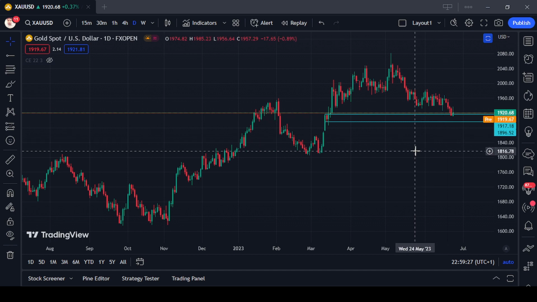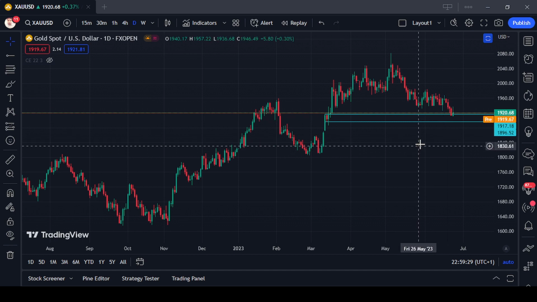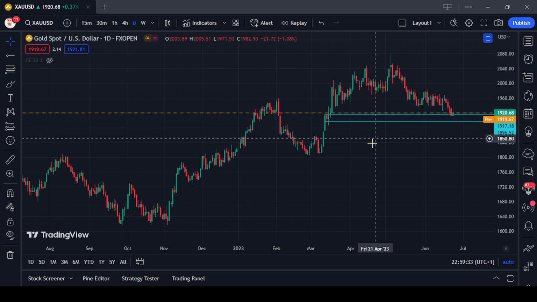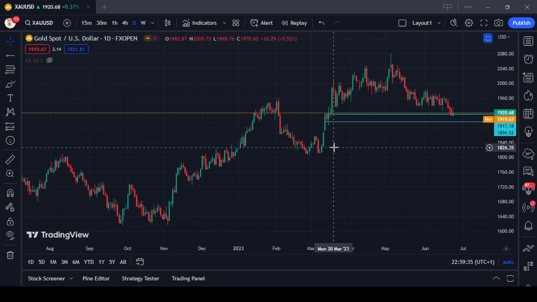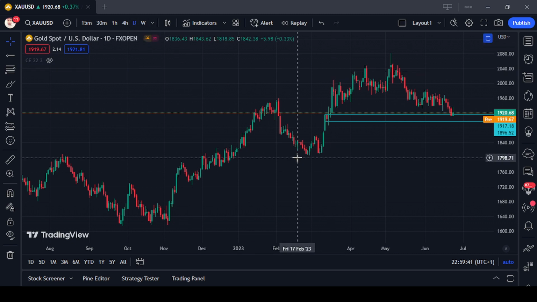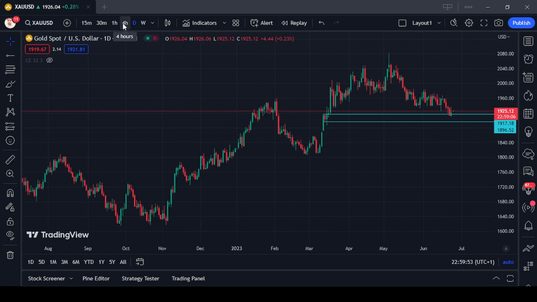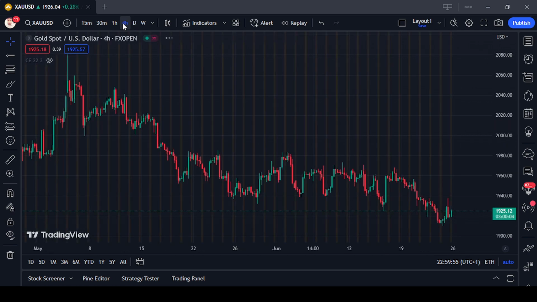So here we can predict that there could be possible buying from here. But because I usually take trades in the lower time frame, I opened this chart just because the bigger time frame tells us the clear picture about what is going to happen in the future. So now I will open my lower time frames and we'll see what is going to happen.